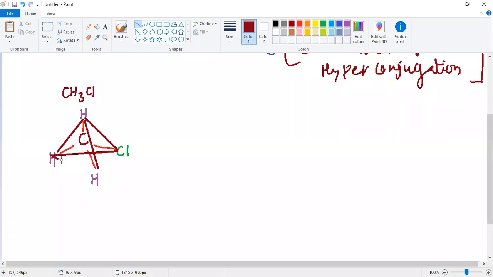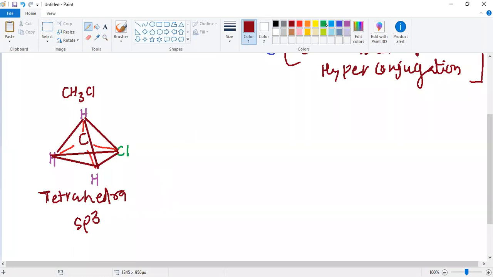So this is how we explain the tetrahedral structure, and due to this tetrahedral structure the hybridization is sp3.